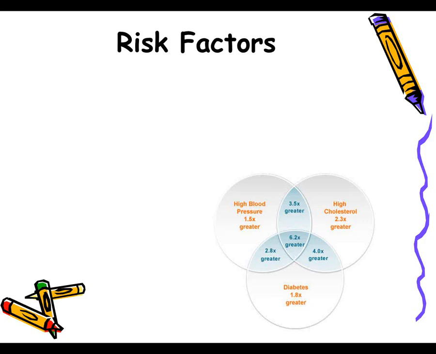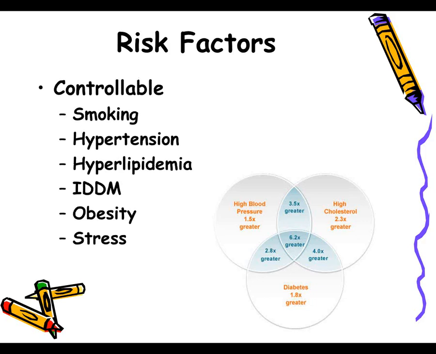Now, I had mentioned that R is a risk factor in the SAMPLER, and there are some risk factors that we can control. Risk factors are things that increase your likelihood of having an acute coronary syndrome. If you smoke, that's going to increase your risk of an acute coronary syndrome because of chronic carbon monoxide poisoning.